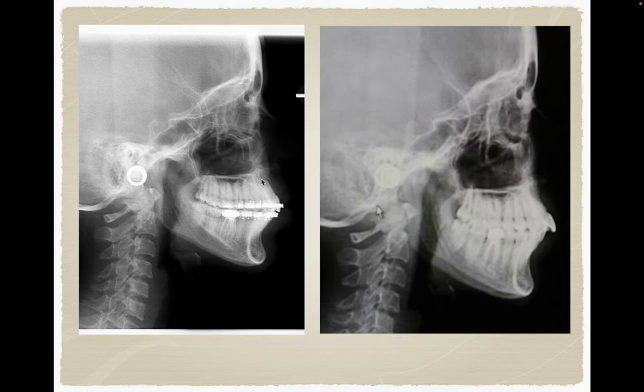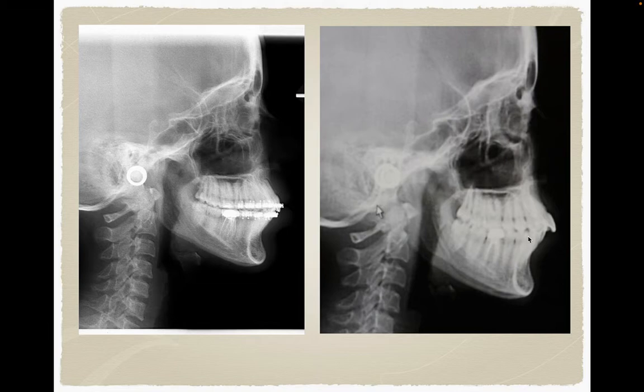If you look here at the lateral ceph that we took just before we did the bond-up, we have a very thin rim of bone remaining around the central incisors. We have plenty of bone here. The patient declined the extraction decision. However, sometimes you just need to do extraction because you want to retract the upper incisors posteriorly a little bit and then give a place to do the torque.